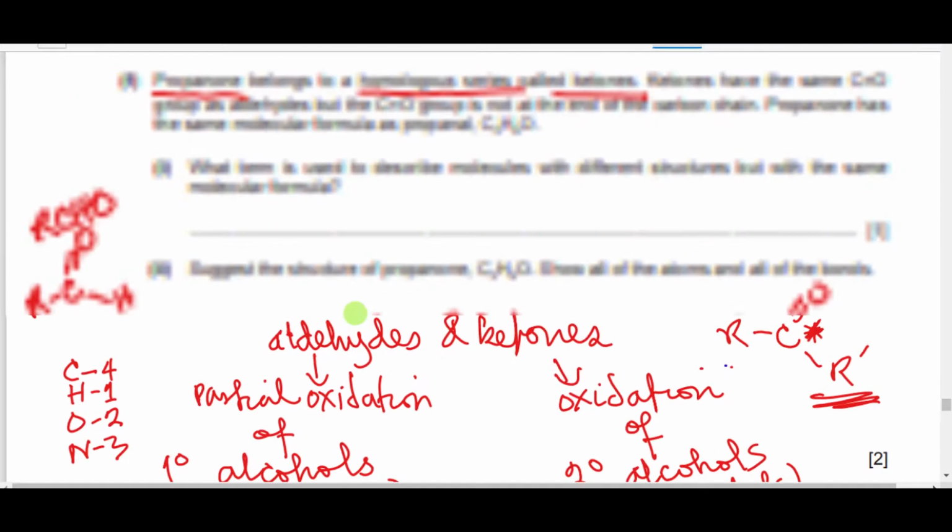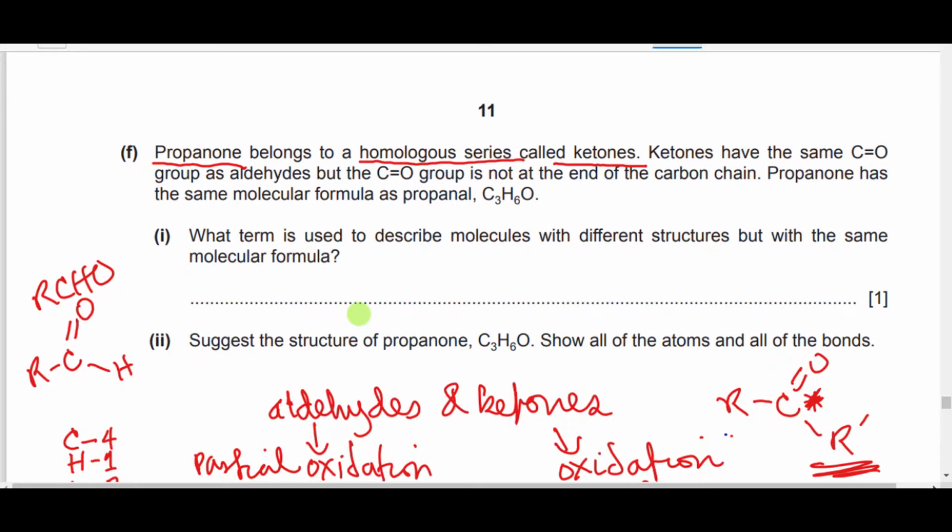ketone. From what we were told here, ketones have the same carbonyl group as aldehydes, but the CO group is not at the end of the carbon chain. For it not to be at the end of the chain means that it is in the middle, in between 2 alkyl groups.